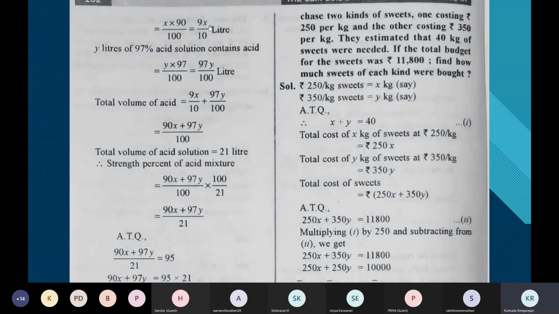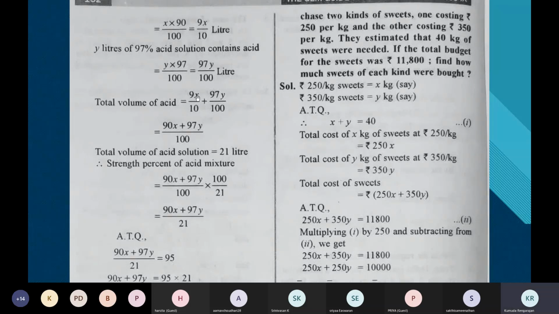That means in X liters, 9/10 is acid, 1/10 is water. 9x by 100 liters is the quantity of acid in X liters. In X liters, 90 by 100 into X is acid. In Y liters, 97% is acid, so 97 by 100 into Y.